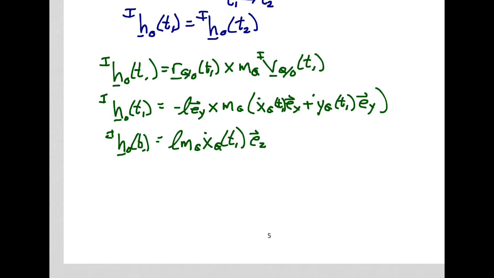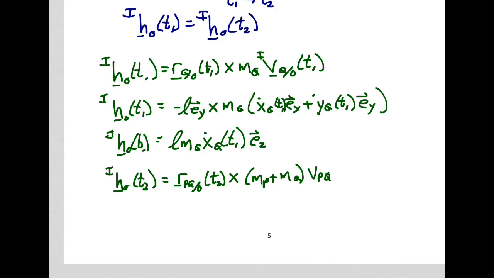Now to find the total angular momentum at time 2, our masses are now stuck together and they have the same velocity, and that's the velocity we're solving for. So we say it's r of this combined mass, rpq, with respect to O, at time 2, crossed with the combined mass, mass of p plus the mass of q, multiplied times the velocity of pq with respect to O at time 2.